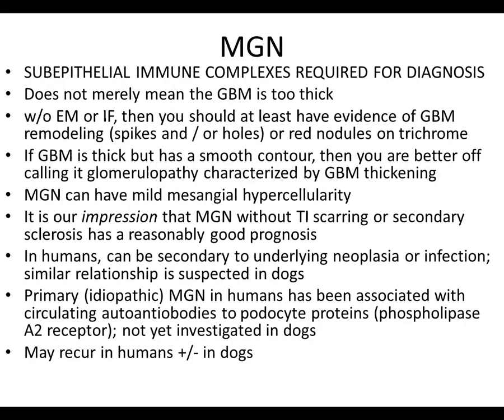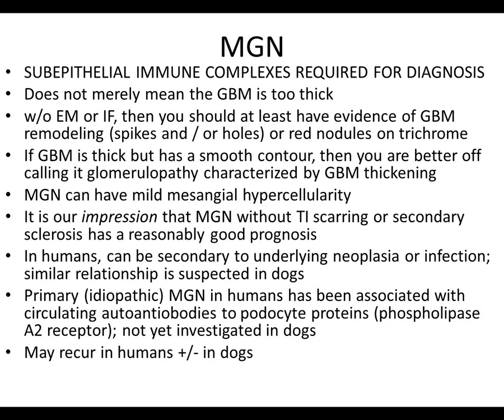So this is for everybody to read afterwards, but the take-home point is that membranous glomerulonephropathy used to be, in veterinary pathology, a thickened glomerular basement membrane. But now that we have a good biopsy service, oh, sorry, I'm asked to slow down, I apologize.